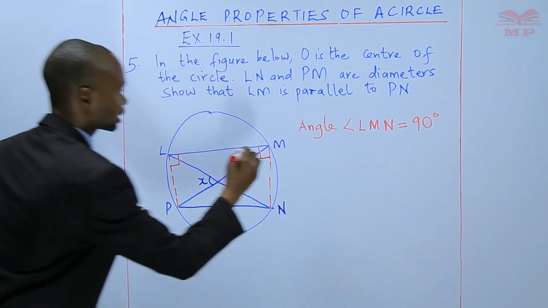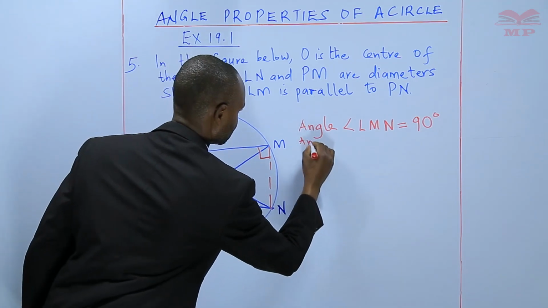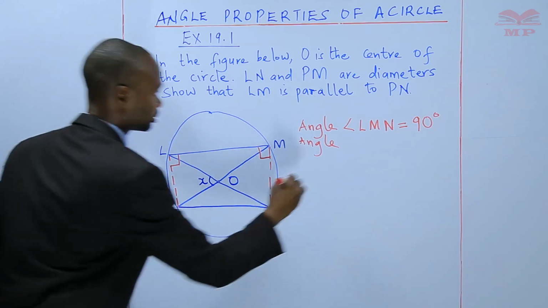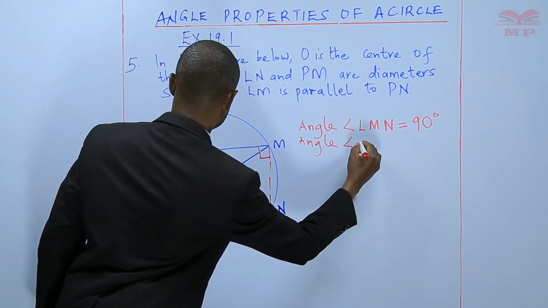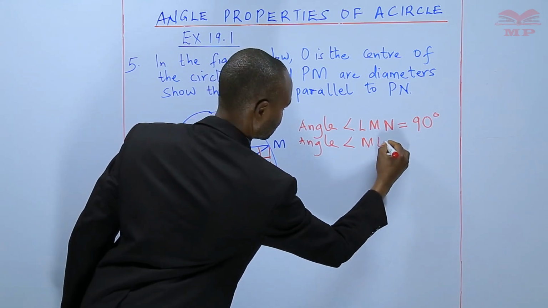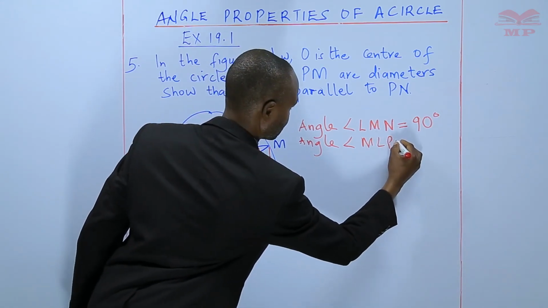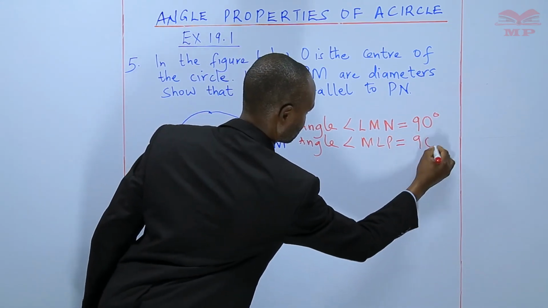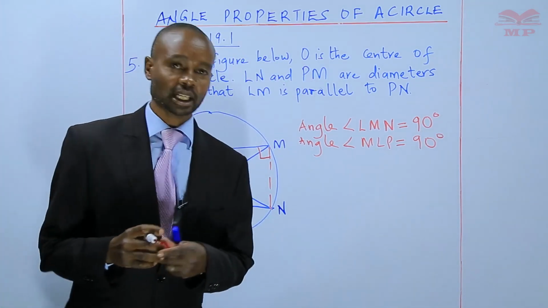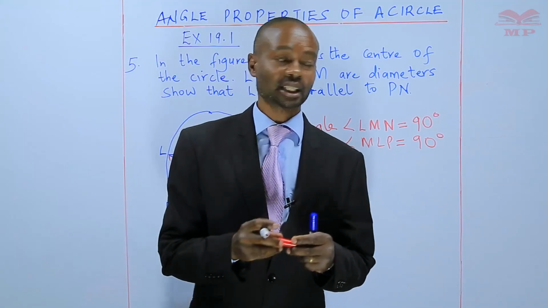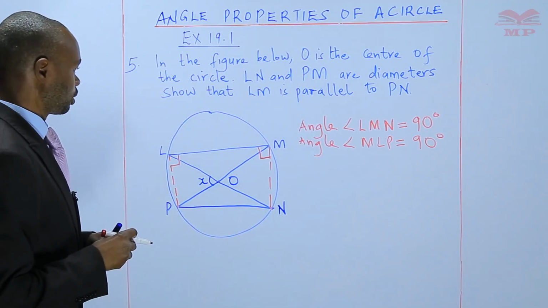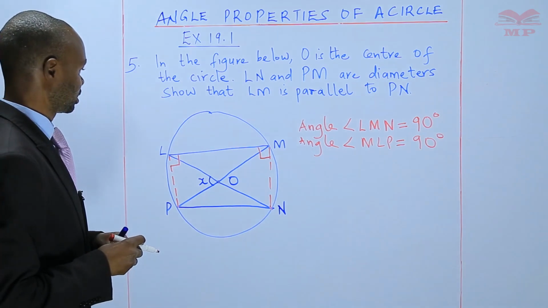So it goes without saying that angle MLP is equal to 90 degrees. We are not done yet. There are 2 more right angles we'll get.